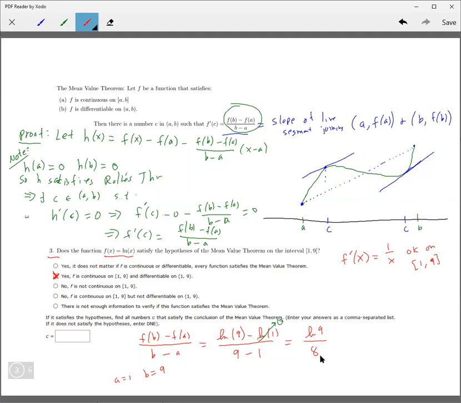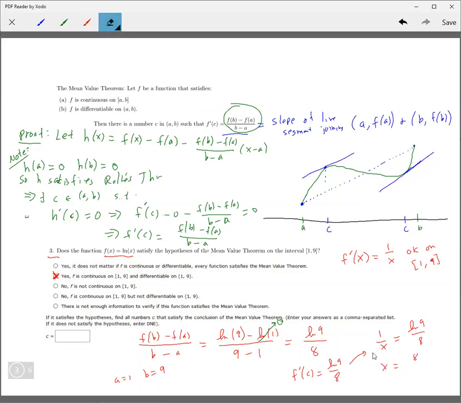Okay, so we're looking for a value C such that f prime of C equals log 9 over 8. But we know that f prime of x is 1 over x, right? So that's going to be 1 over x is log 9 over 8, which means x is 8 over log 9.